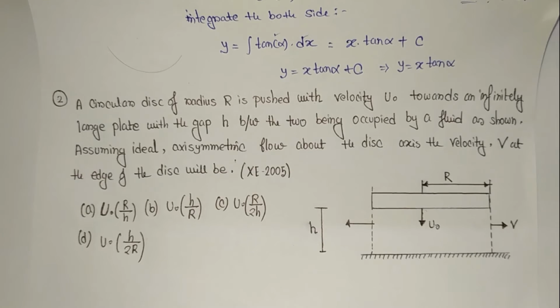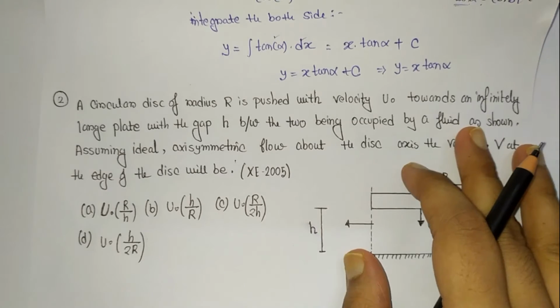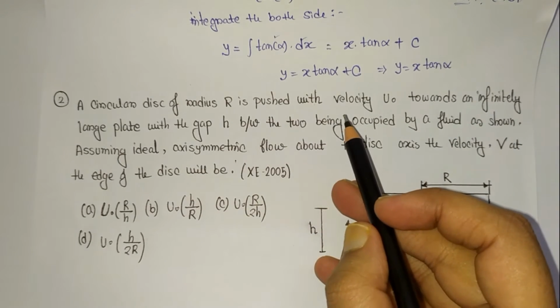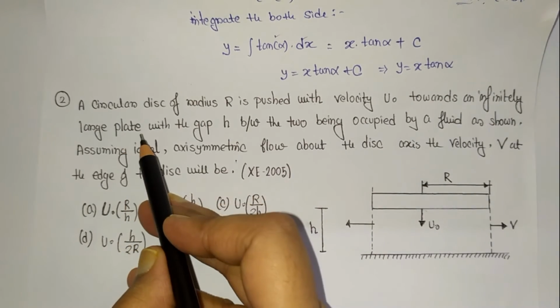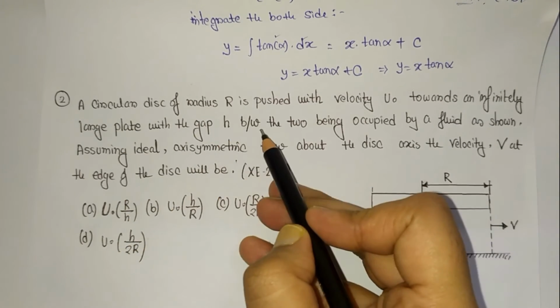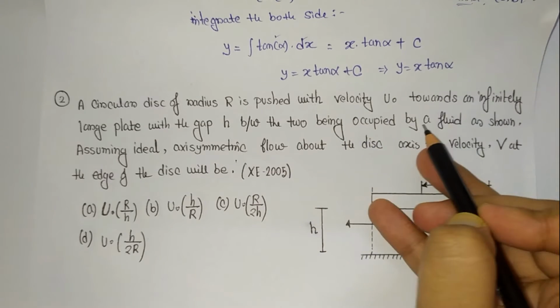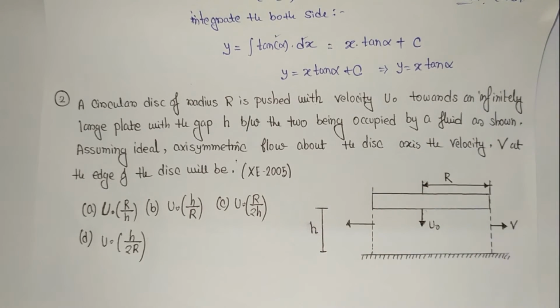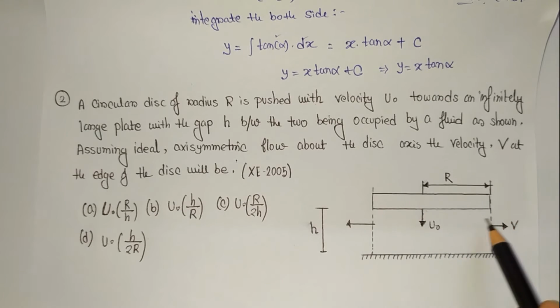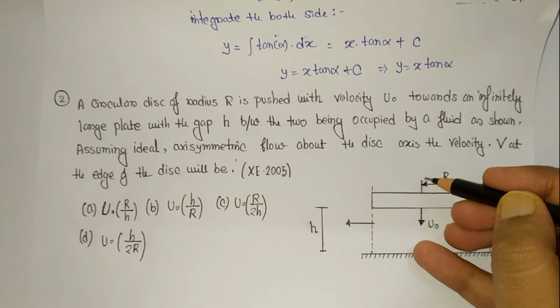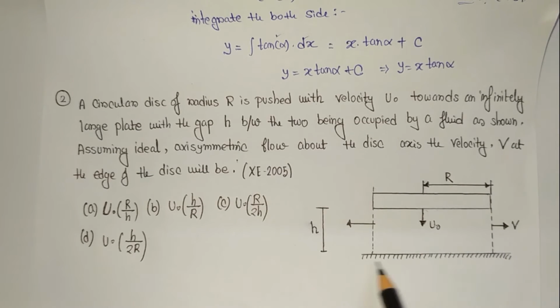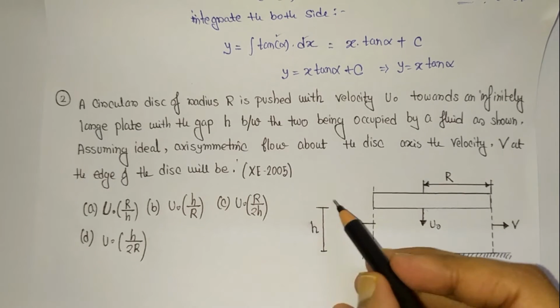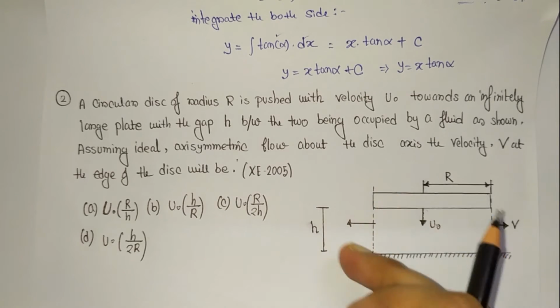In the next question, it is asked: a circular disc of radius r is pushed with a velocity u naught towards an infinitely large plate, with the gap h between the two being occupied by a fluid as shown. This is a circular plate, pushing with velocity u naught towards this infinitely large plate, and the distance between the two plates is h.